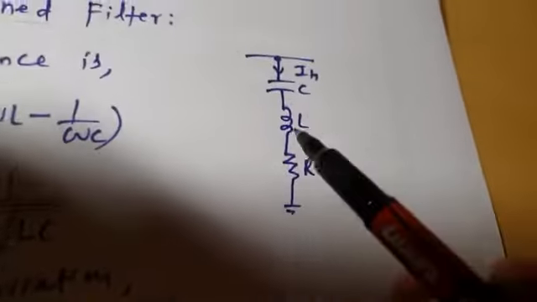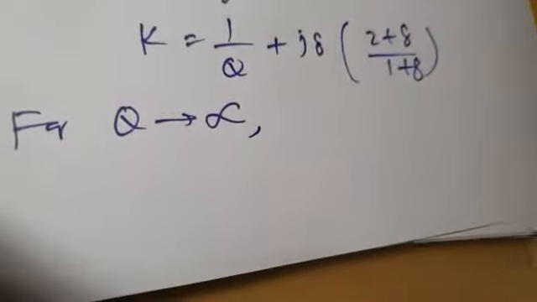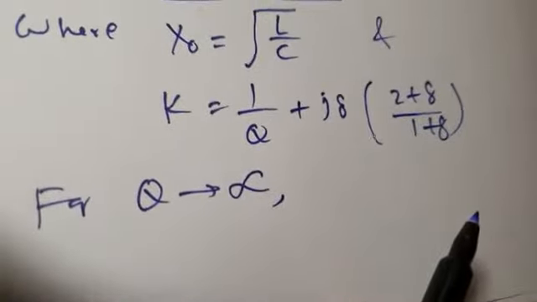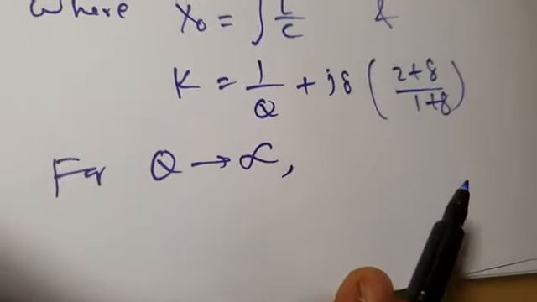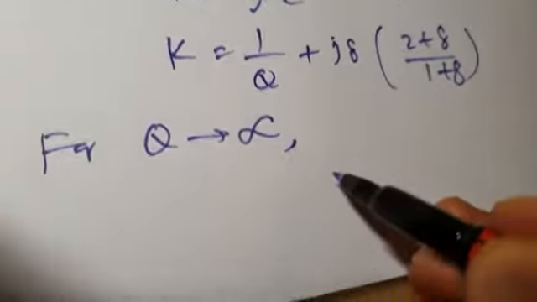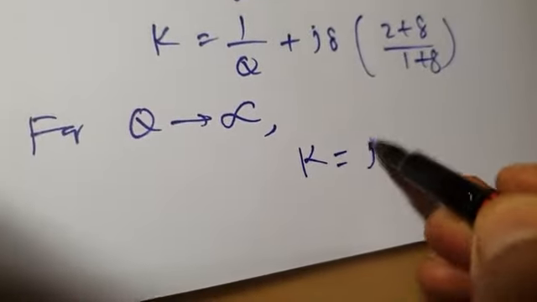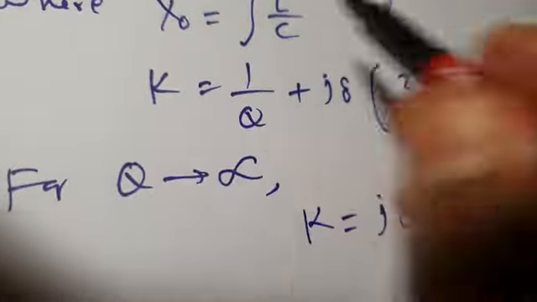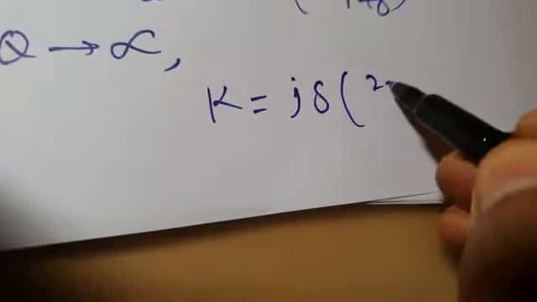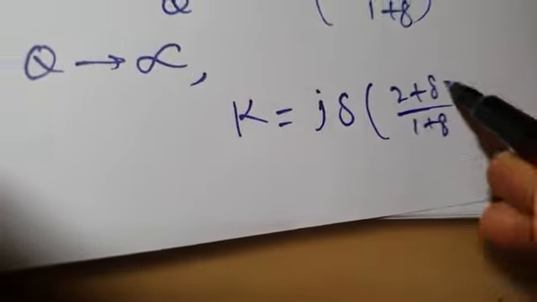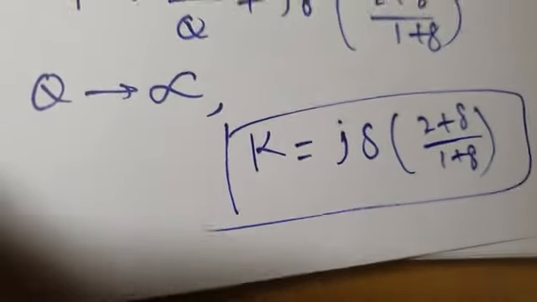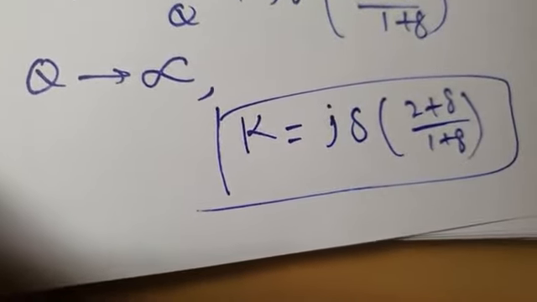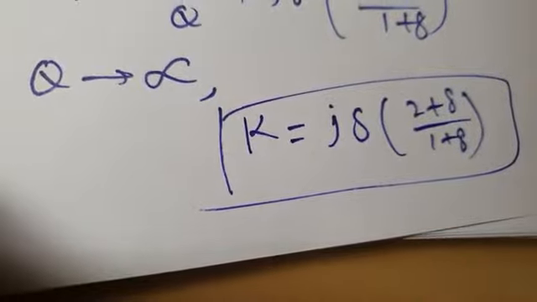If this filter coil is ideal, with infinite quality factor, then you can write K equal to J delta times 2 plus delta divided by 1 plus delta, because 1 by infinity is 0 and can be neglected. So this is the final expression for K. Let me try to plot K with respect to delta and see how K varies with delta.